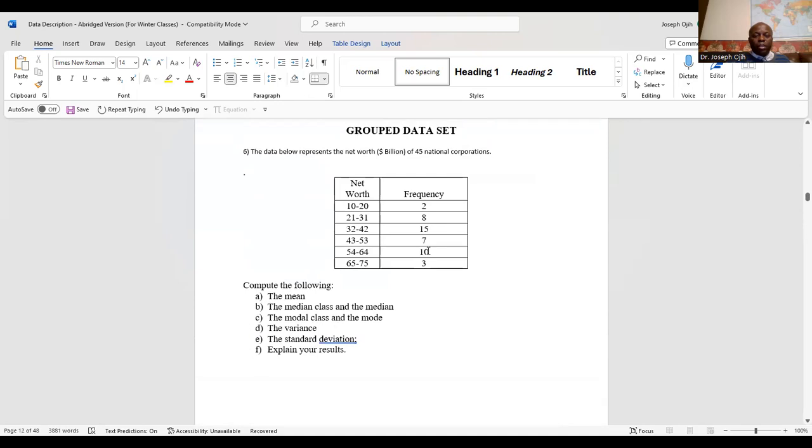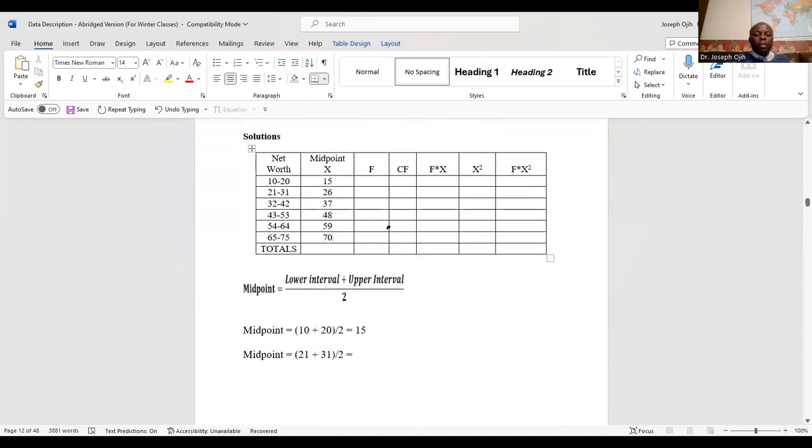They are given, so you can just type them in. Type the frequencies in: 2, 8, 15, 7, 10, 3.